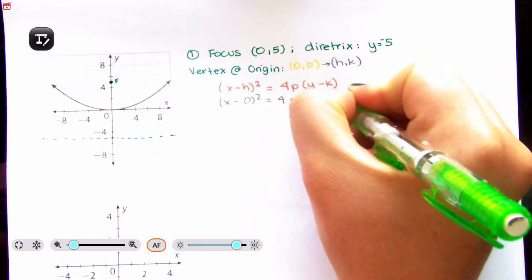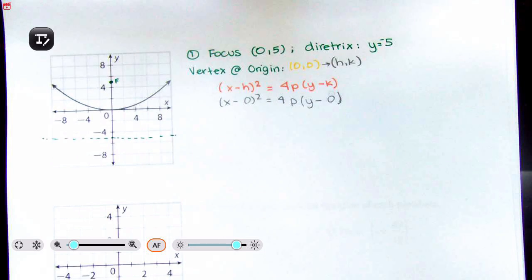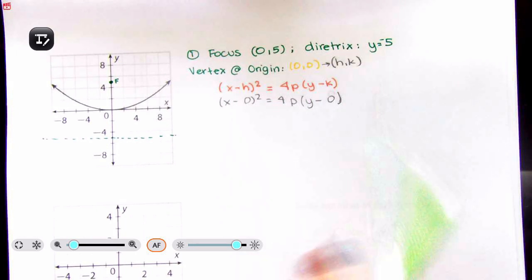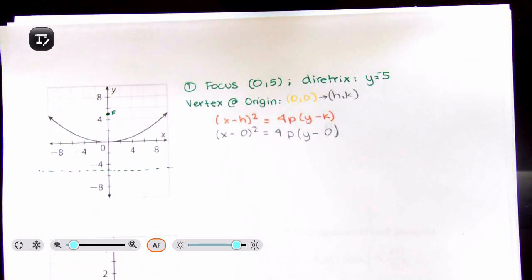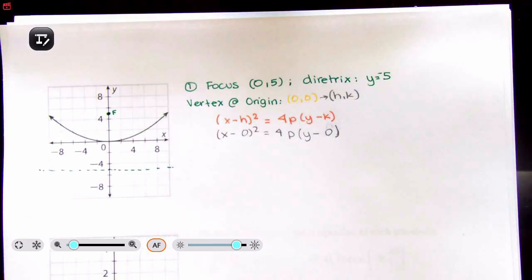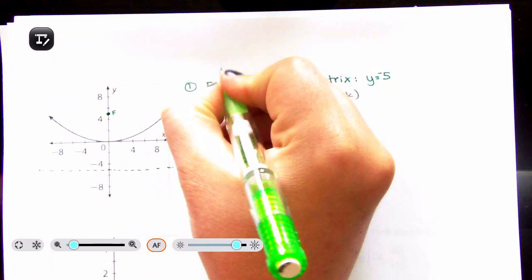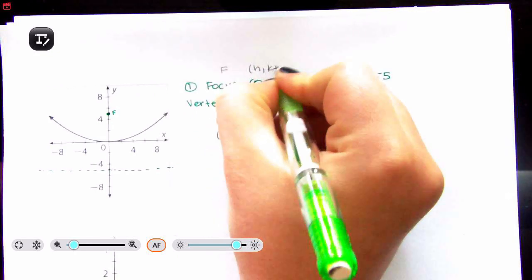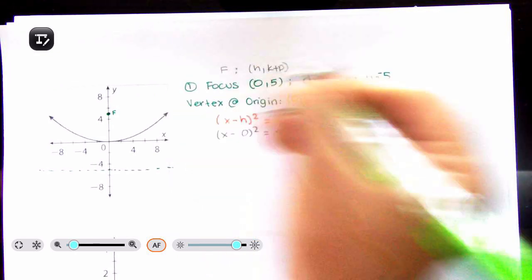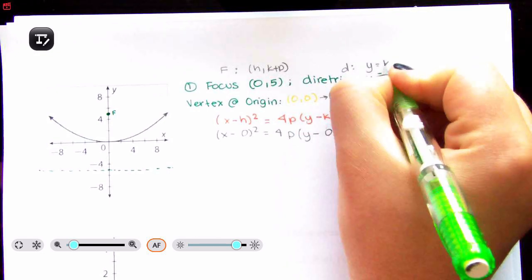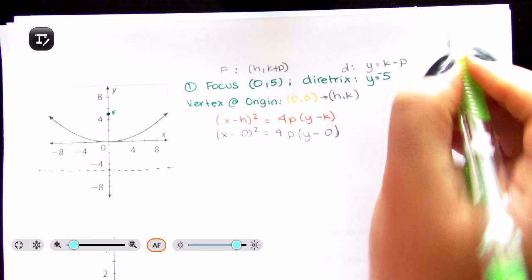Okay, so how do we find P? There are also two pieces of information that they provided to us, and that is they provided the focus and the directrix. So looking at, again, I have my cheat sheet in front of me. Your focus is going to be h comma k plus p, and your directrix is going to be y equals k minus p.